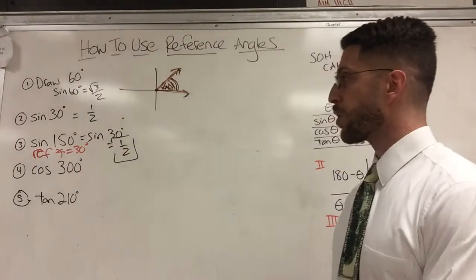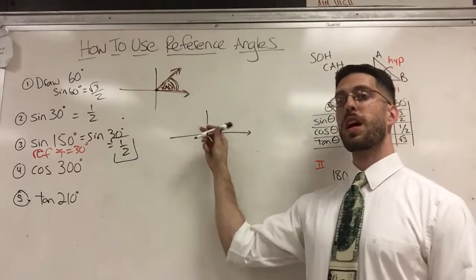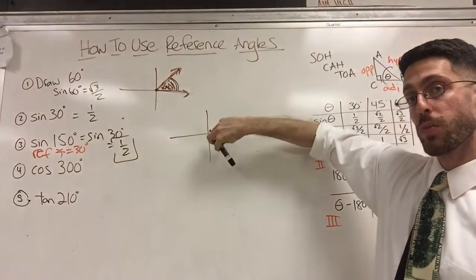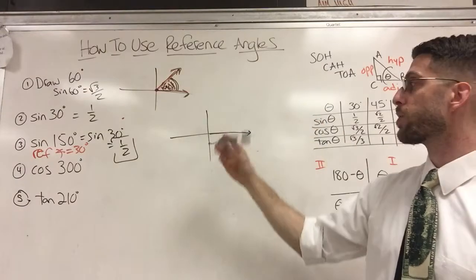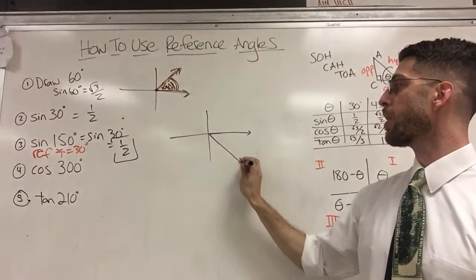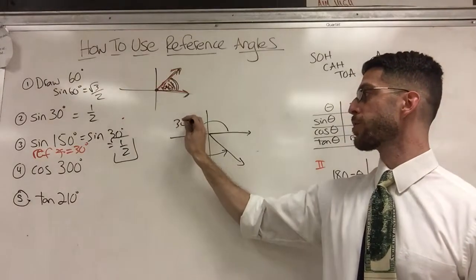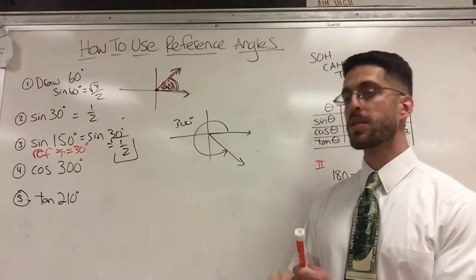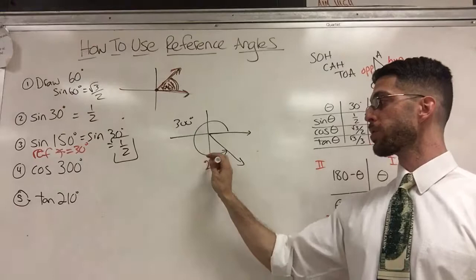If you draw one, you're already planning ahead because you know this is 0, here's 90, here's 180, here's 270, 300 is a little bit past 270, and not quite 360. It's not quite a full turn. So it's somewhere here, not exactly sure where, but I know that that spin is 300. And it's a little bit short of 360. How short? See, people get confused and they say, oh, let me just find this space here because they're worried about the 270.